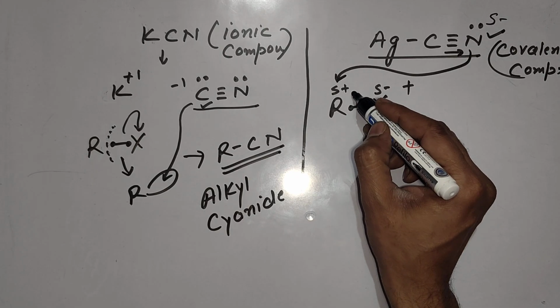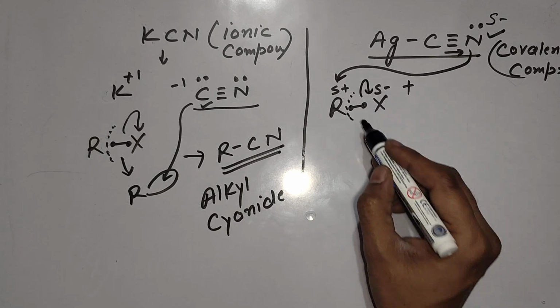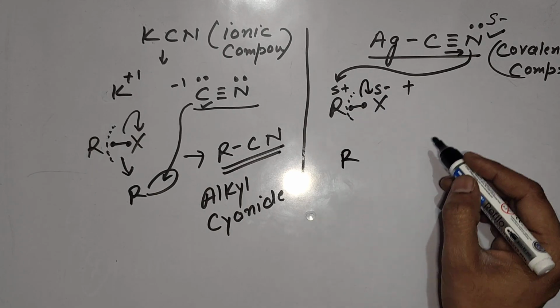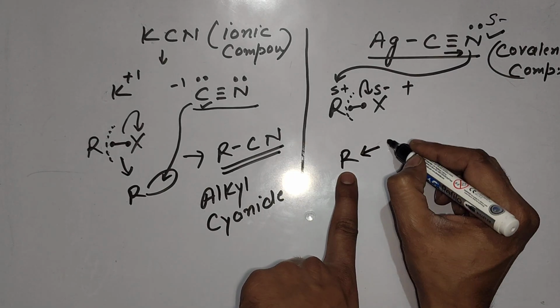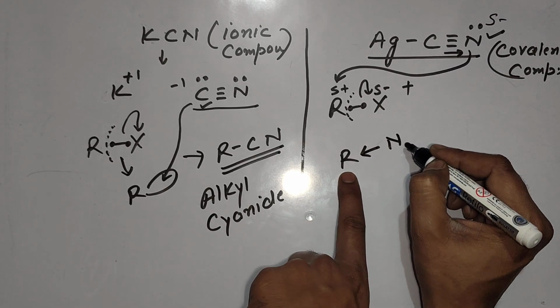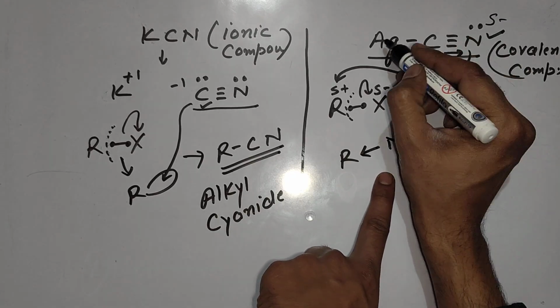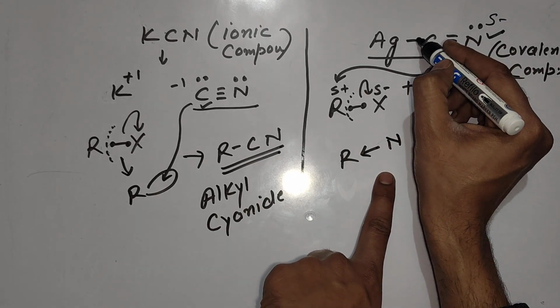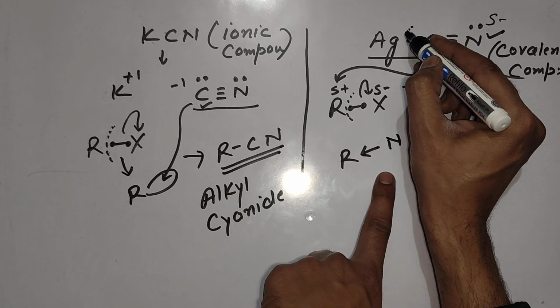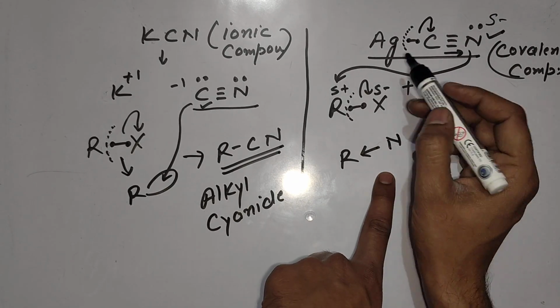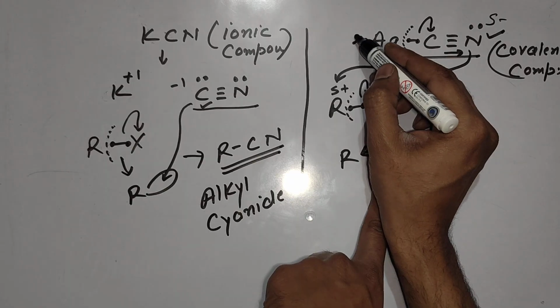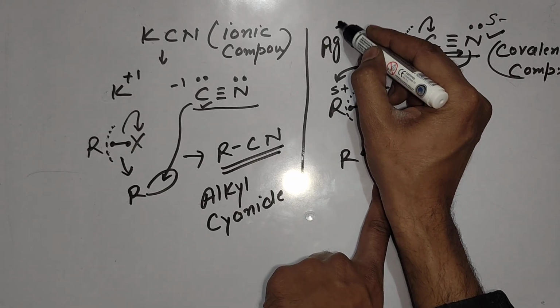Between R and X, the bond will break. R is getting electrons from nitrogen. Nitrogen will make a coordinate bond with R. And between silver and carbon, electronegativity is more for carbon. So the bond will break like this. Electrons will go towards carbon and silver will release out here as Ag plus 1.